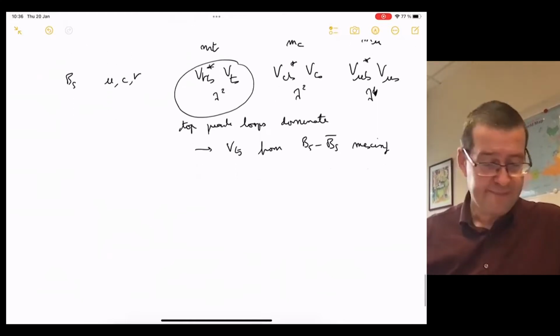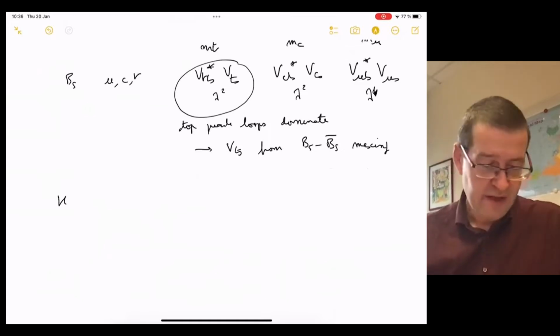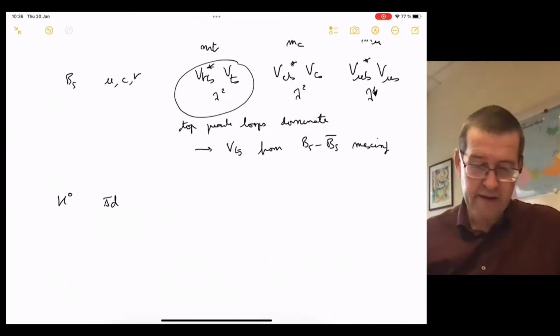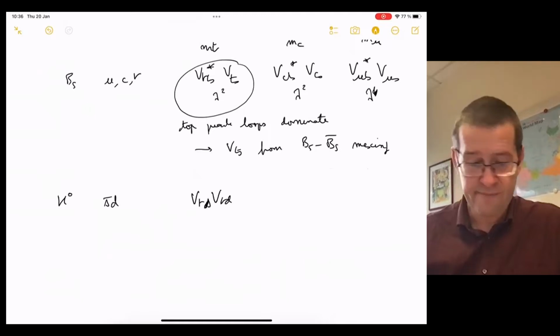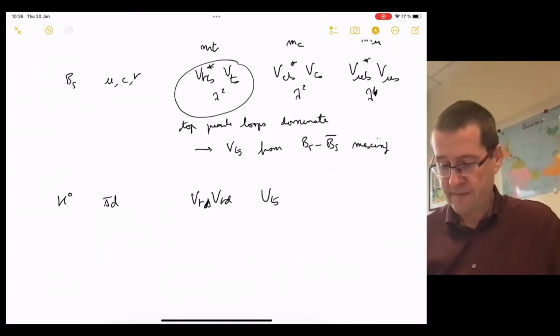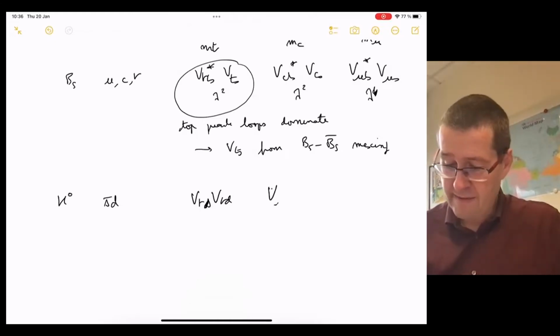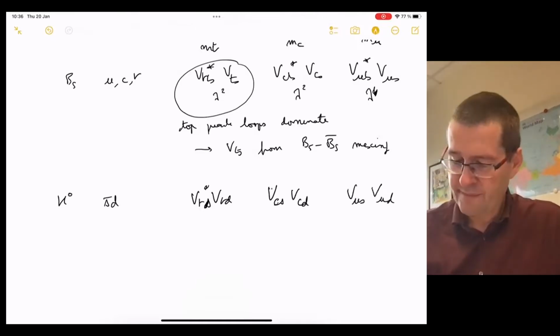So all that is well. Now the situation is a bit less satisfying for the kaon case, because here, V_ts, V_td, V_cs, V_cd, and then V_us, V_ud.